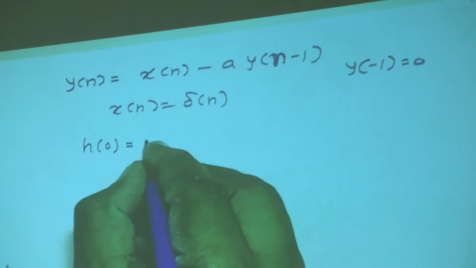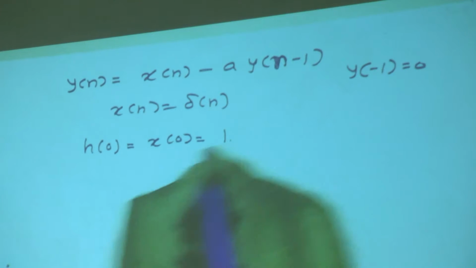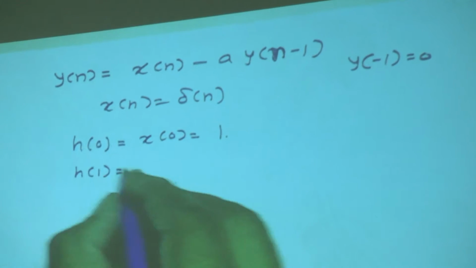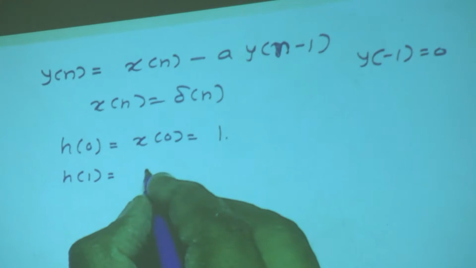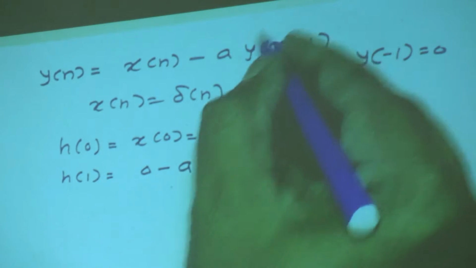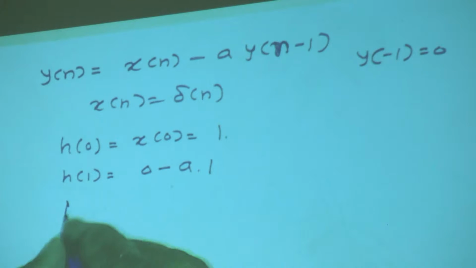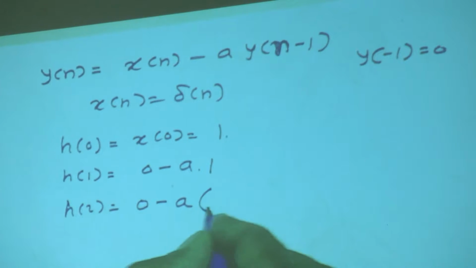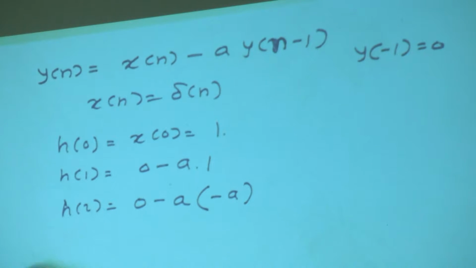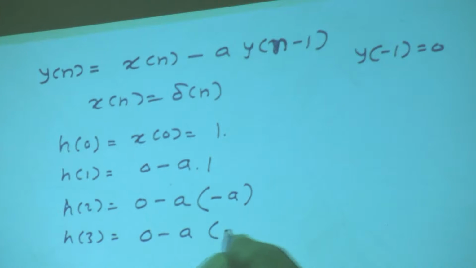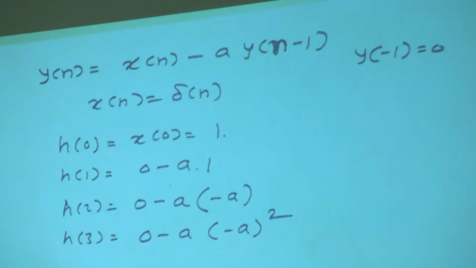So h0 becomes x0, which is equal to 1. h1 is equal to x of 1, which is 0, minus a times y of 0, which is 1, so minus a. h of 2 is equal to 0 minus a times minus a, which is a square. h of 3 is minus a cubed, and so on.